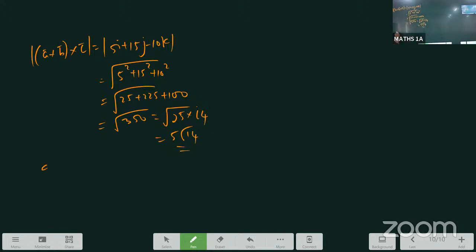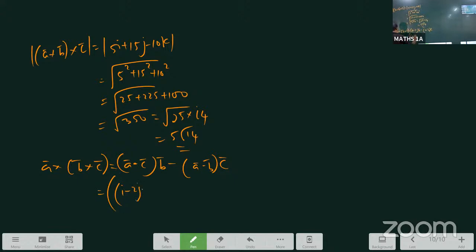Next, what is it asking? (a bar cross b bar) cross c bar, which is nothing but, what is the definition? Just now I said (a bar dot c bar) into b bar minus (a bar dot b bar) into c bar. Is it clear? Again, same approach. What is a? i minus 2j plus 3k dot product with c bar, i plus j plus 2k, into b bar.